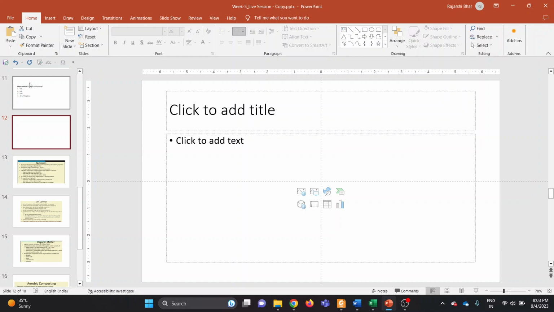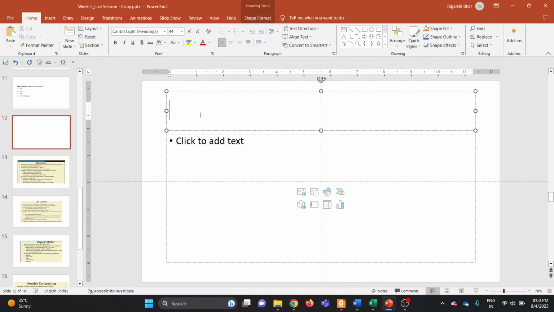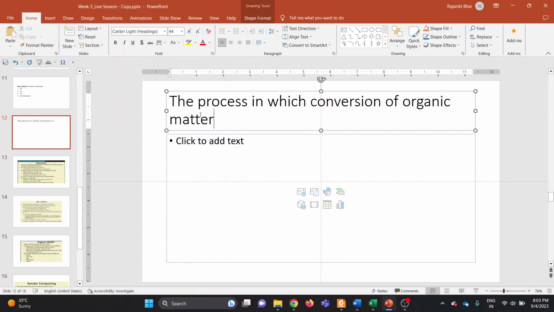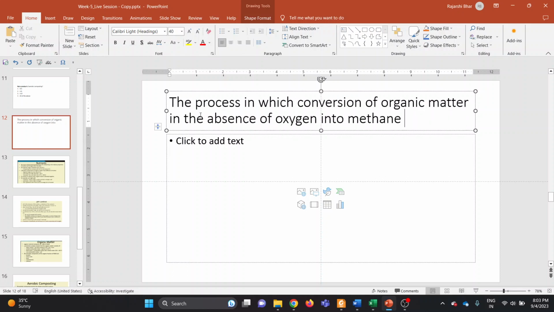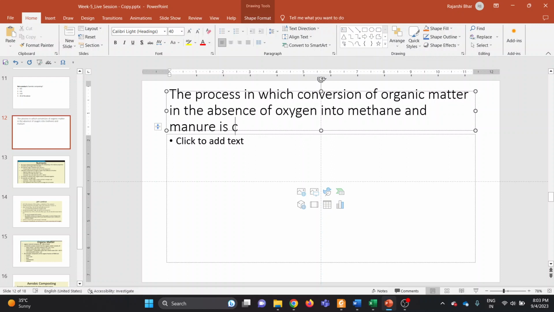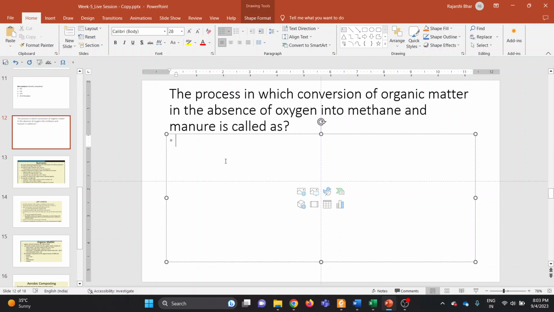Then the next question is, what is the process in which organic matter is converted in the absence of oxygen into methane and manure?